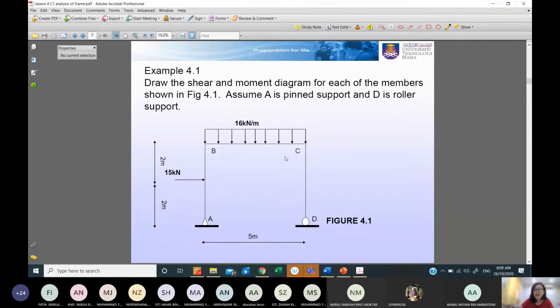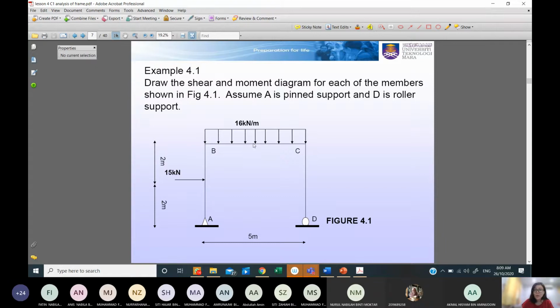In BC, we will cut only one section. This is because the distributed loading, whether it is a uniformly rectangular shape or a triangular distributed loading, can be represented by only one loading equation.